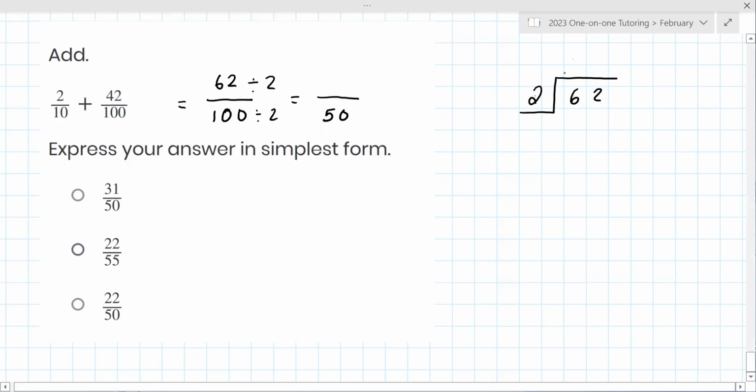How many times does 2 go into 6? 3. How many times does 2 go into 2? 1 time. Yep. So the answer is 31 out of 50.